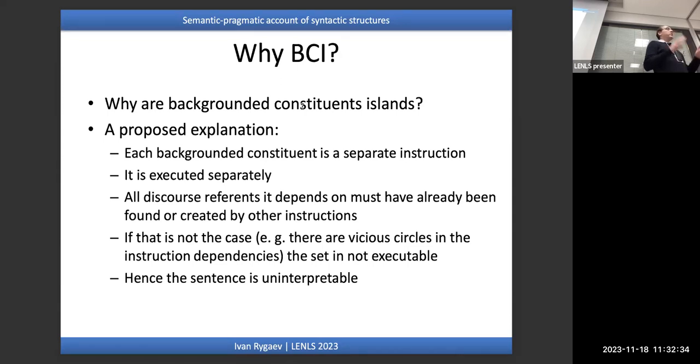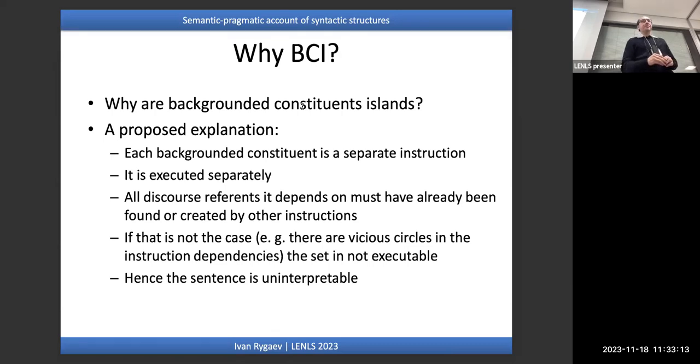Yeah, but my example was extraction from embedded content. Yes, your islands are also extraction from embedded content. So basically, you can extract only from the first part of the sentence. So that means if you have long distance dependencies, you have a long path of the constituent which goes to the main construction of the sentence.